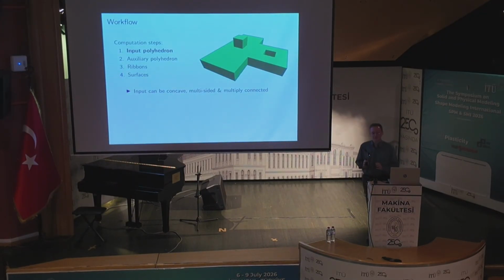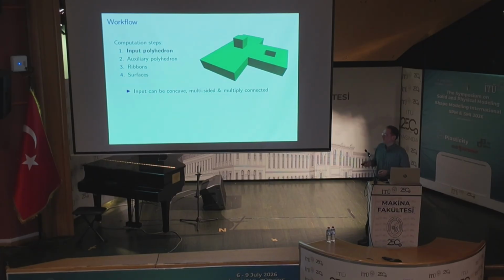Our goal is to create a polyhedral design method where we allow polyhedra that contain faces that are concave and can contain internal holes. To do this, we have a very simple workflow.